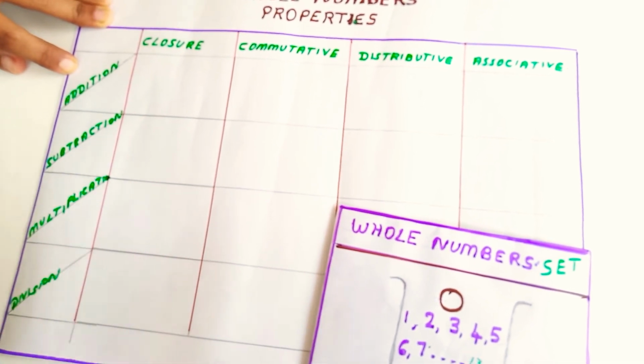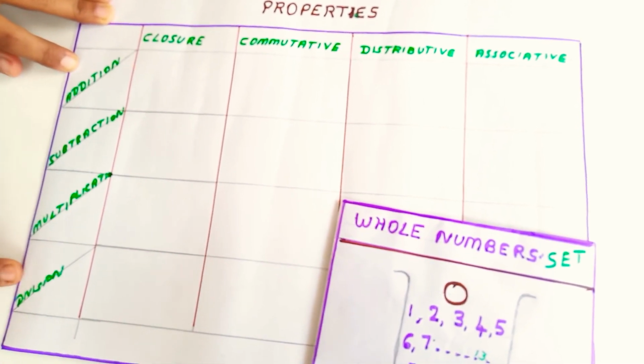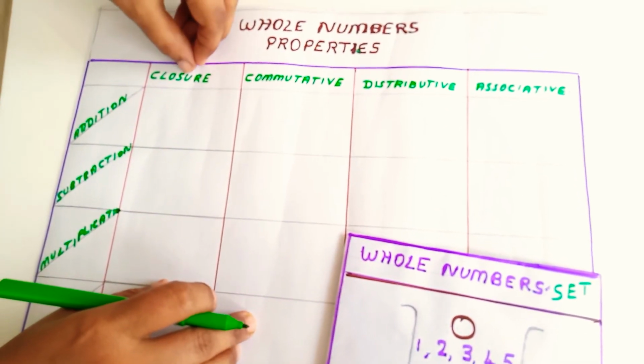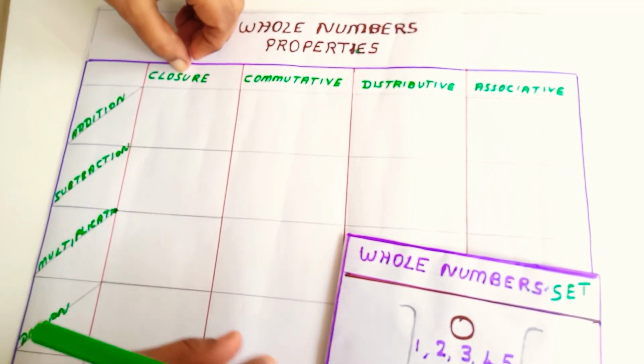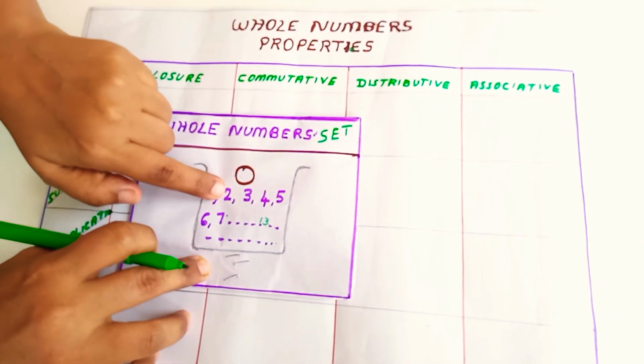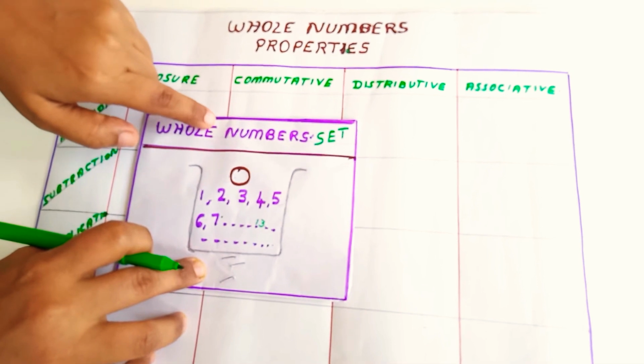I will explain why we are writing all the calculations here and what the properties are. See, closure property means just take two numbers from this whole number set.